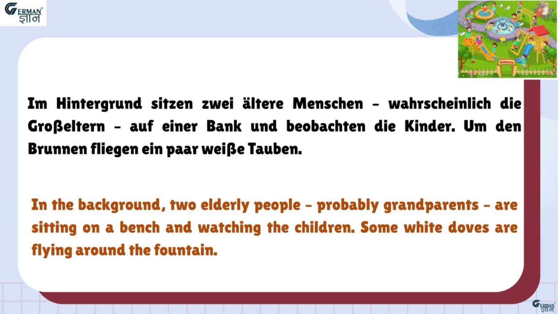Im Hintergrund sitzen zwei ältere Menschen, wahrscheinlich die Großeltern, auf einer Bank und beobachten die Kinder, means in the background two elderly people, probably grandparents, are sitting on a bench and watching the children. Um den Brunnen fliegen ein paar weiße Tauben, means some white doves are flying around the fountain.